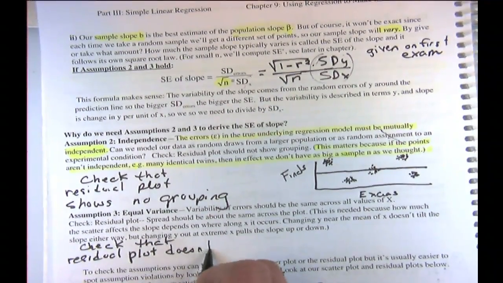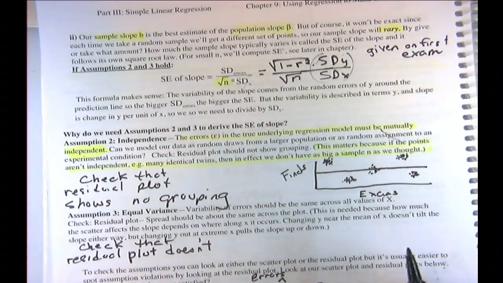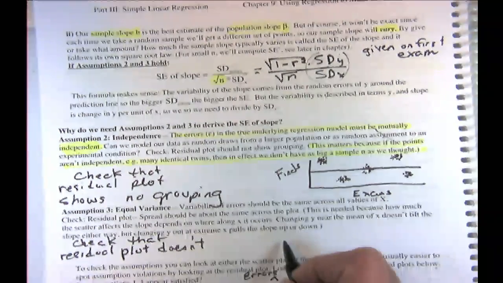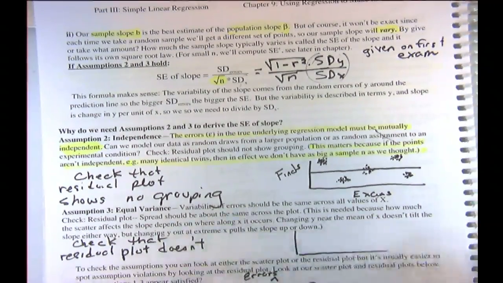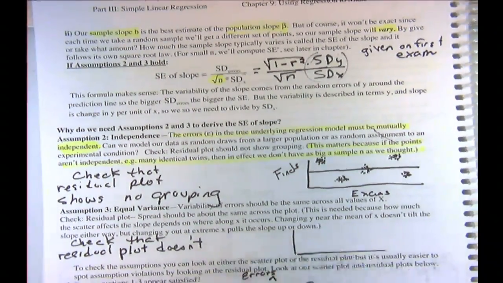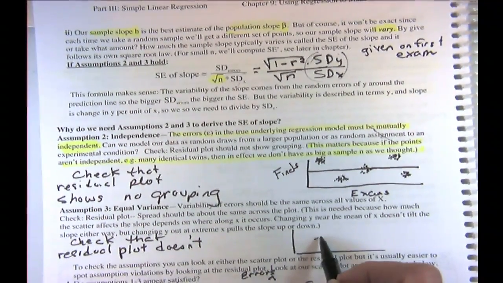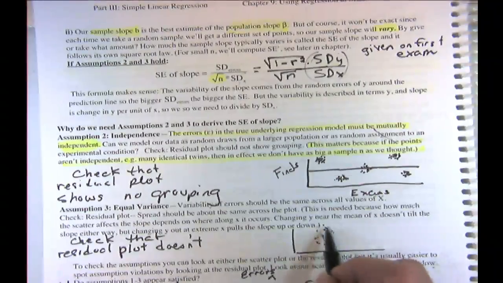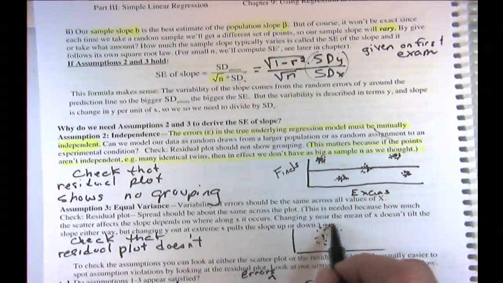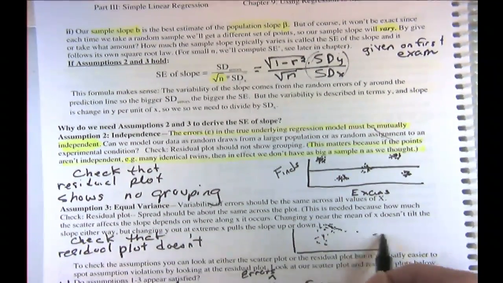You know what you often see, the biggest violation? I'll just give you the typical one. You often see something like this. Probably not in this case, so it's not a good example. But in this case, you might see a lot of variability here, but not so much here.